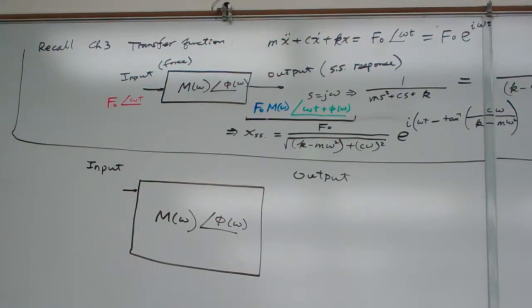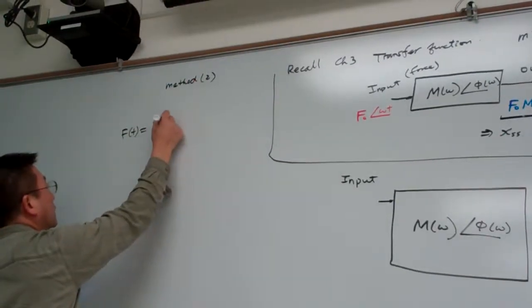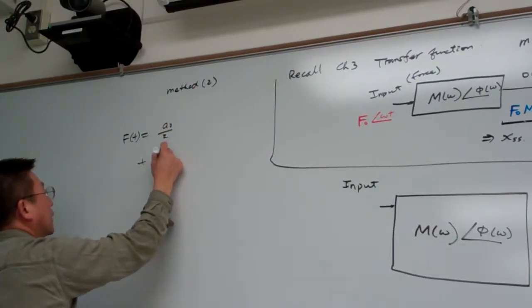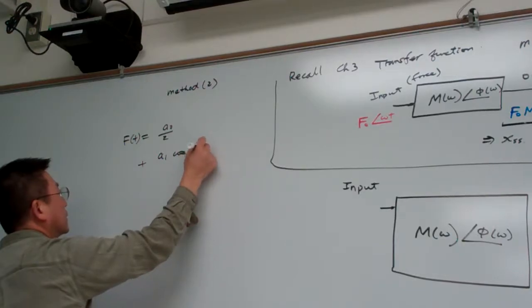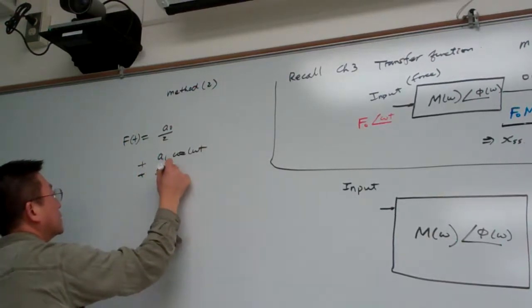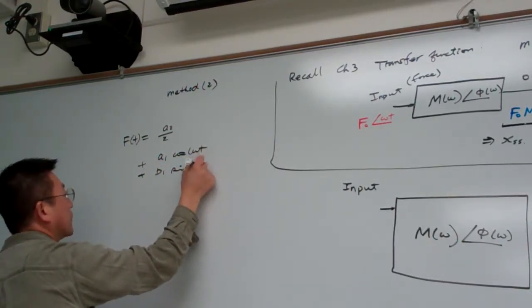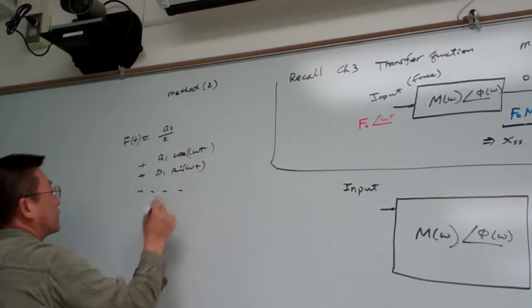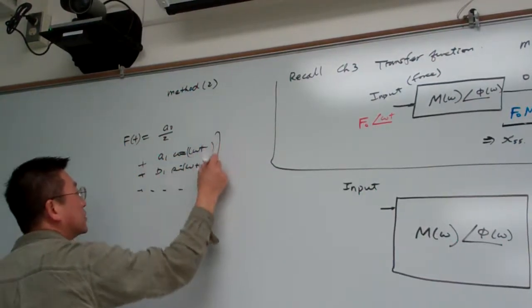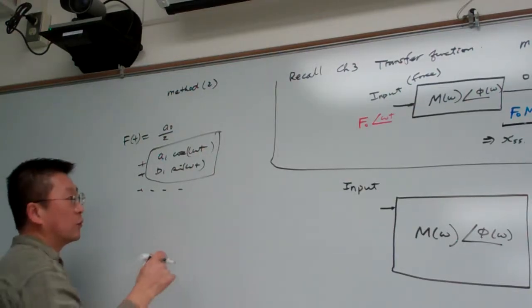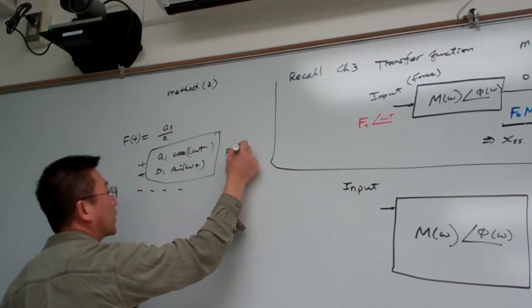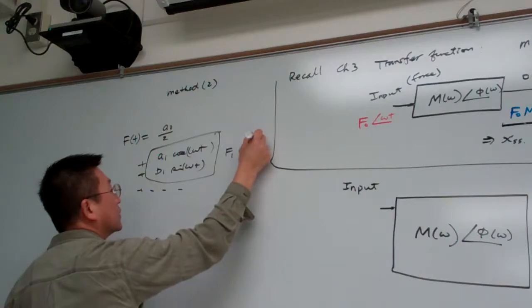We have an input that is, if you remember, our general form: A0 divided by 2 plus A1 cosine omega t and plus B1 sine omega t, right? And plus something something. So this single term, let me just combine it into, say, F1 times e^(i omega t).